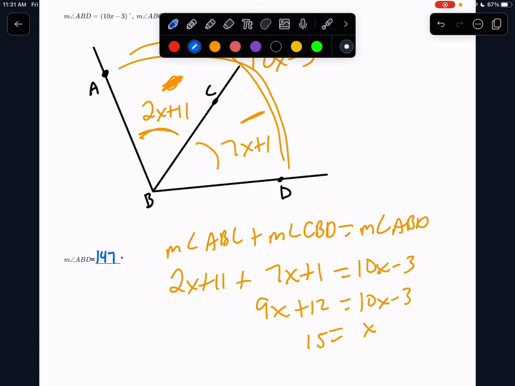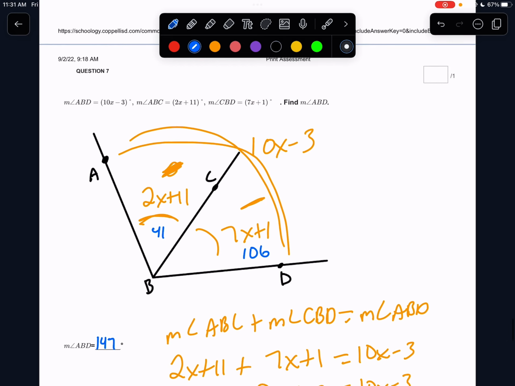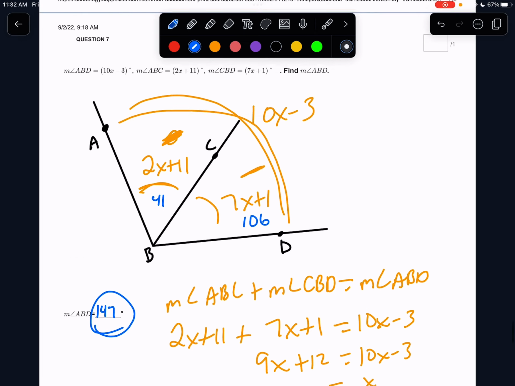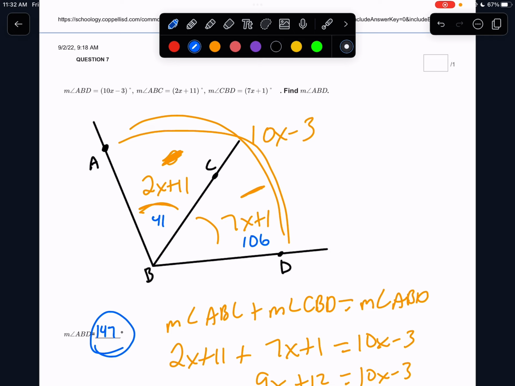So we plug that in. 15 times 2 would be 30, plus 11 is 41. 7 times 15 would be 105, plus 1 would be 106. And the actual question is ABD. Well, ABD would be the sum of 41 and 106. Or you could plug that in here: 150 minus 3. That's 147 if you plug in your x.